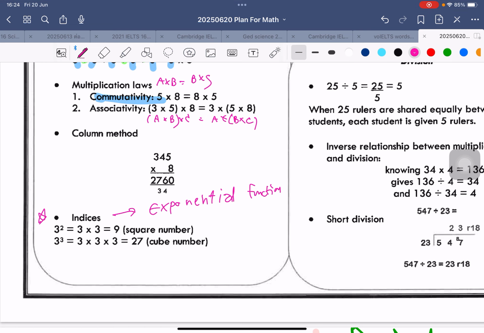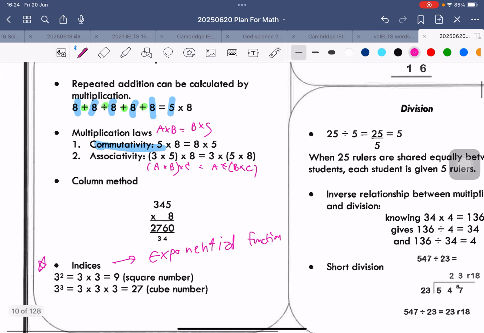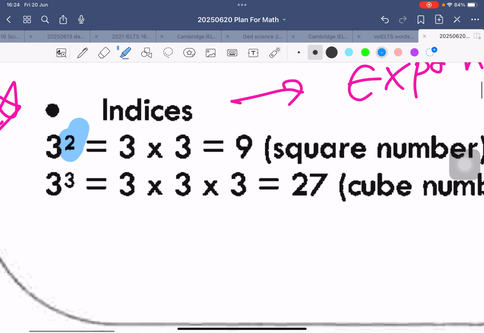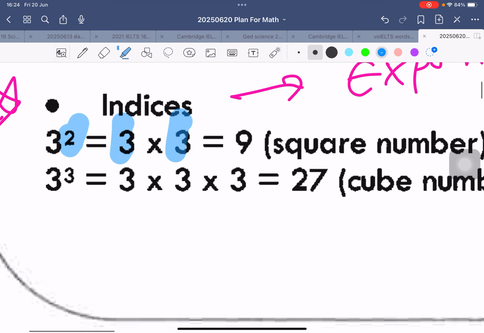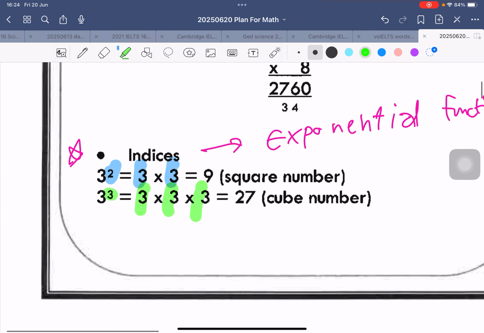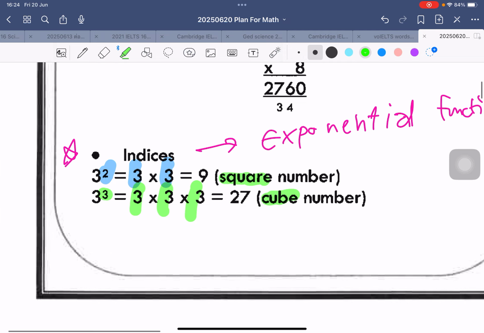So what do we count? We count the plus, right? How many numbers do they plus? So this one is how many numbers for the power. How many numbers do they have? 1, 2, power 2. Okay, this one 1, 2, 3. So it will be power 2. So this is the square and the cube that they mentioned.